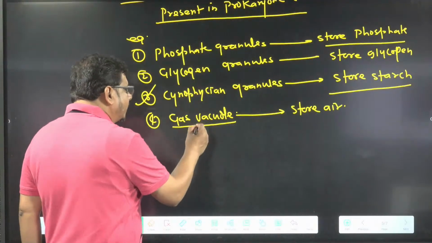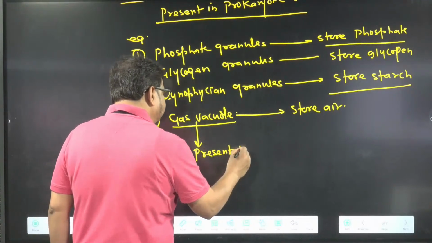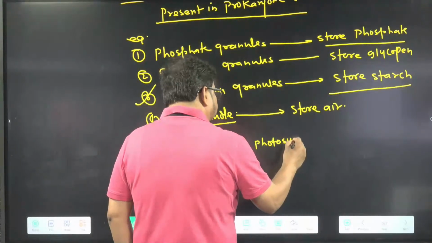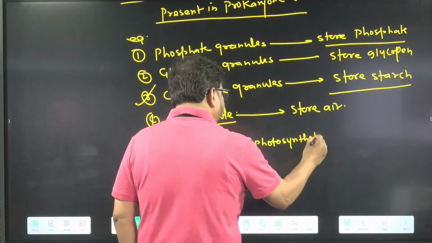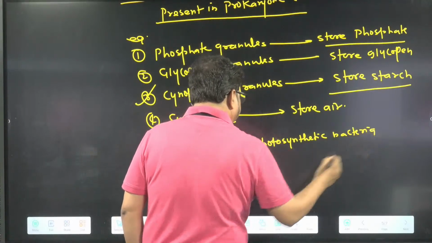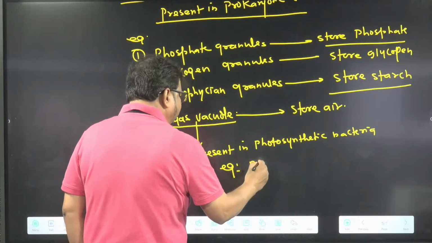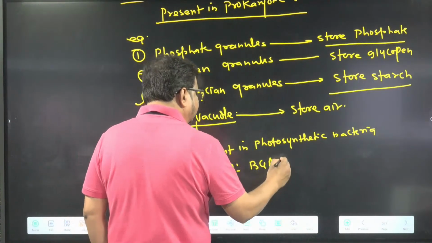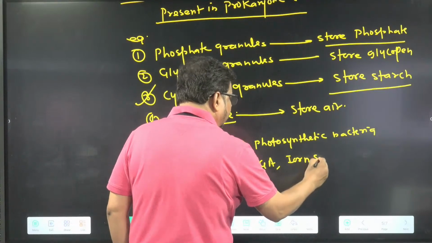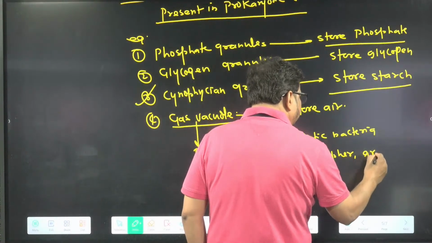And these gas vacuoles are present in photosynthetic bacteria. Got the idea? Photosynthetic bacteria. Example, blue-green algae, BGA. Another example, purple sulfur and green sulfur bacteria.